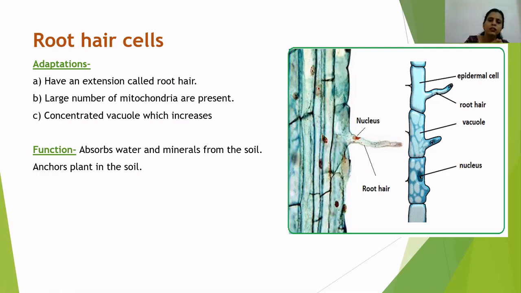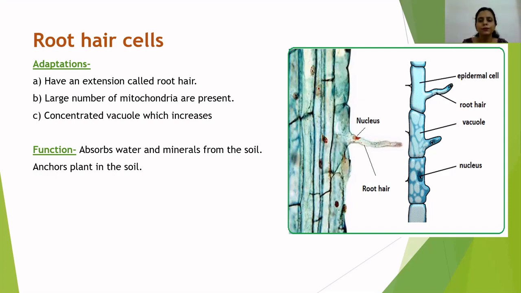Now if inside the vacuole the concentration is high or the water potential is low, what will happen? Root hair cells will be able to absorb water easily from the soil, because water always moves from higher water potential to lower water potential. About this we are going to learn in unit 3.